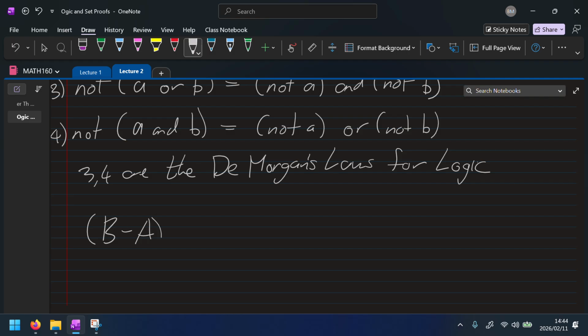The set difference of B and A, so B minus A, union C minus A, is equal to the union of B and C, set difference with A. So this is like a set identity. Given any three sets A, B, and C, this is always true. And we want to prove this.